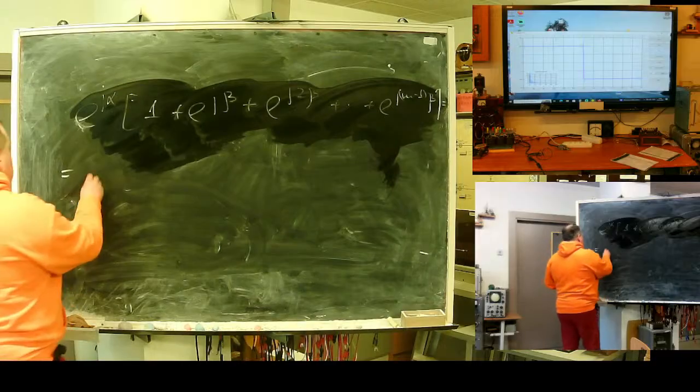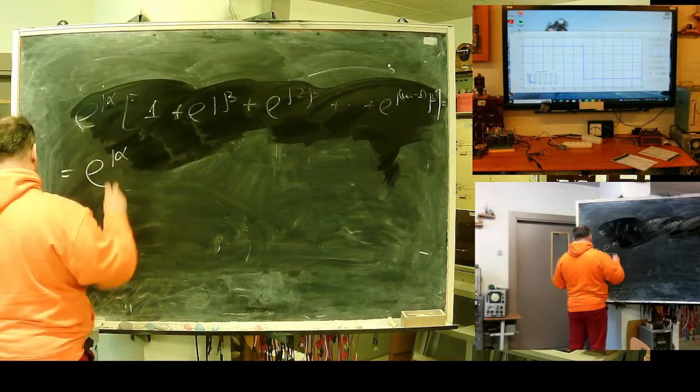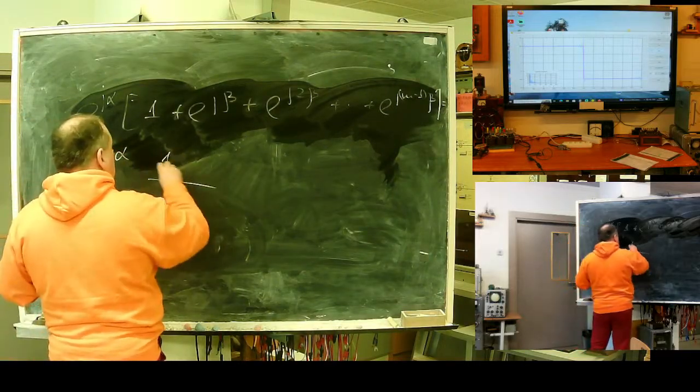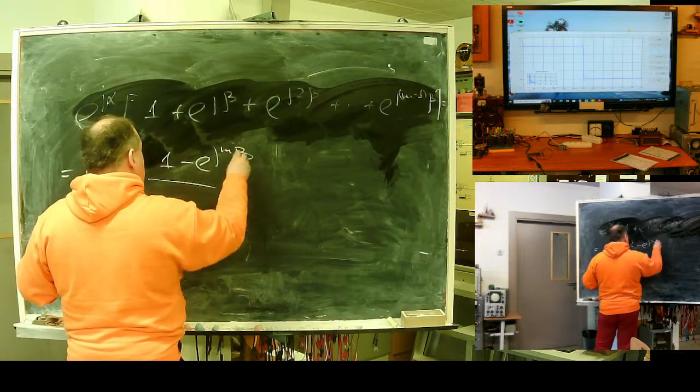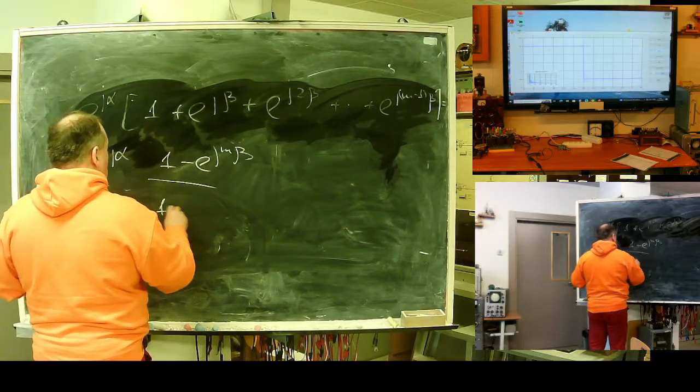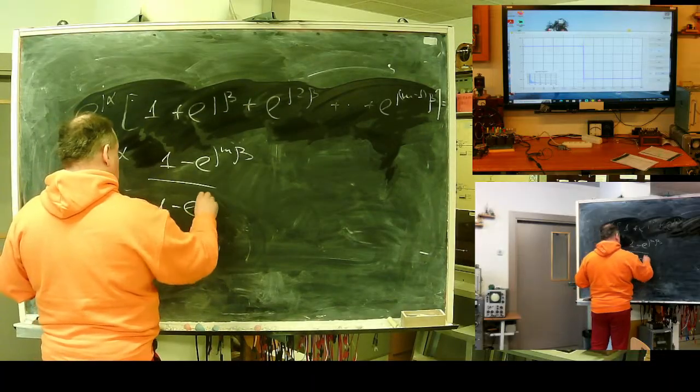This can be represented as e^(jα) multiplied by (1 minus e^(jmβ)) divided by (1 minus e^(jβ)).